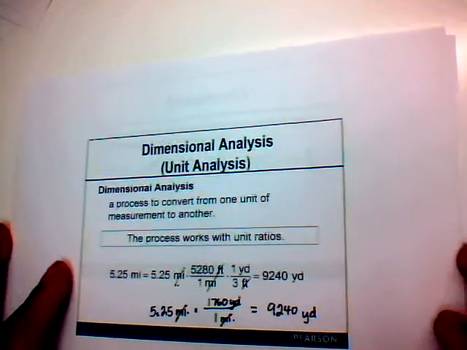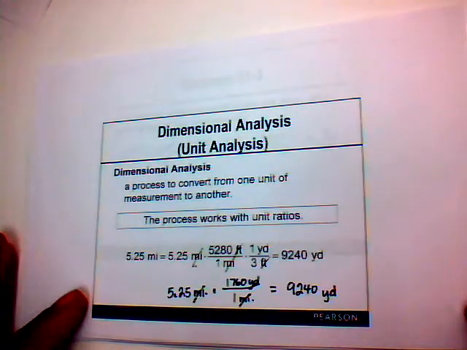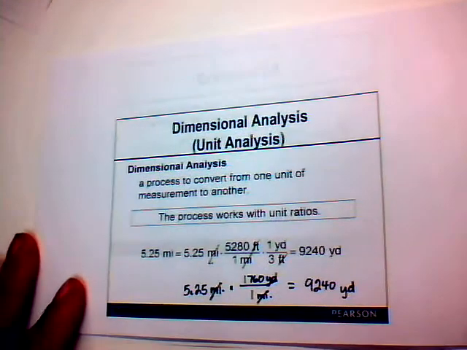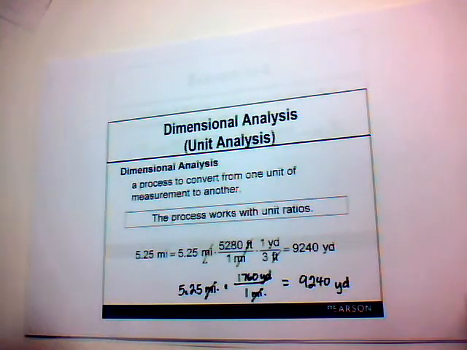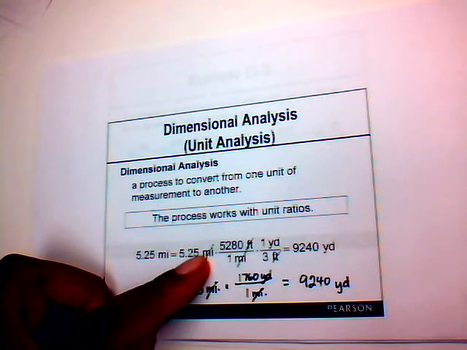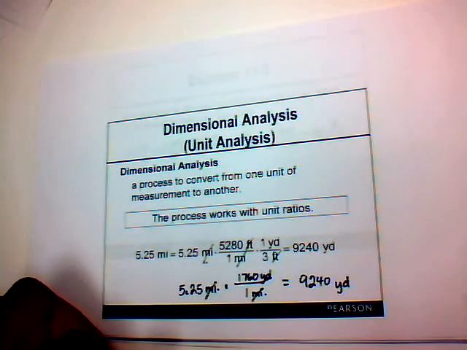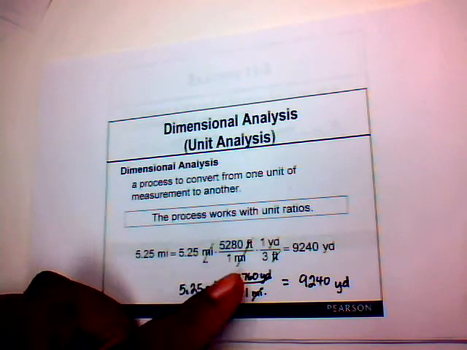Next is dimensional analysis. This is a process to convert from one unit of measure to another, and this process works with unit ratios. So if you were converting 5.25 miles to yards, you have the 5.25 miles. The fact is that a mile is 5,280 feet, so we'll convert from miles to feet.